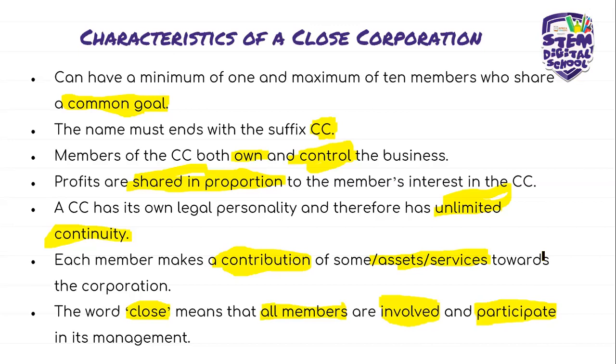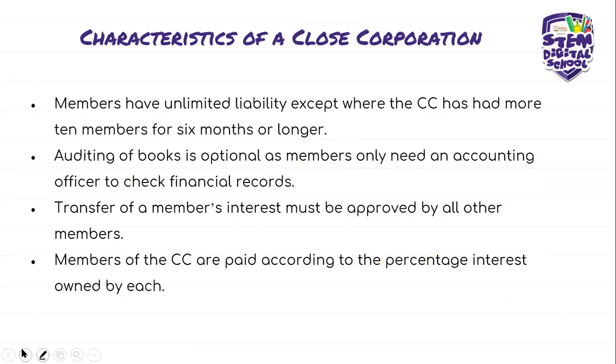So you must know the characteristics of each and every form of ownership that you are dealing with. We have dealt with a sole proprietor and a partnership. Today we'll be looking at close corporations and touching on private companies if we still have time. Now, boys and girls, there are more characteristics of a close corporation.